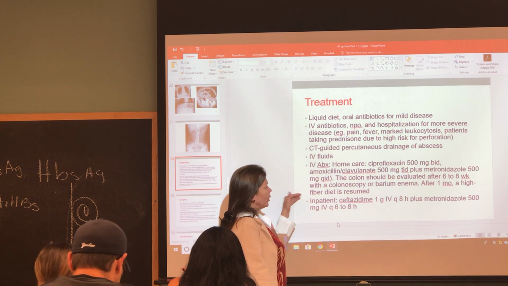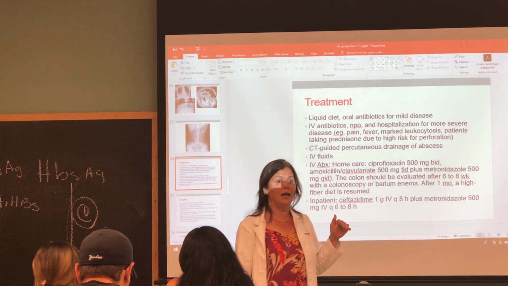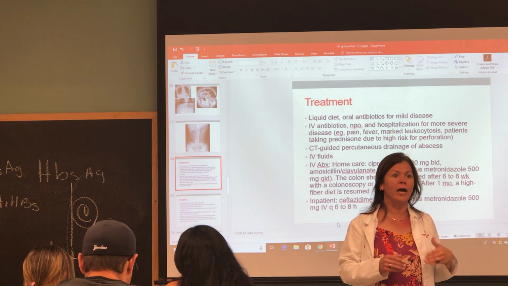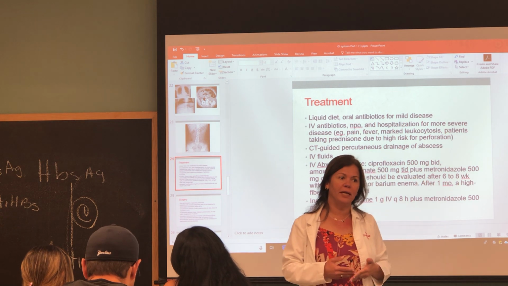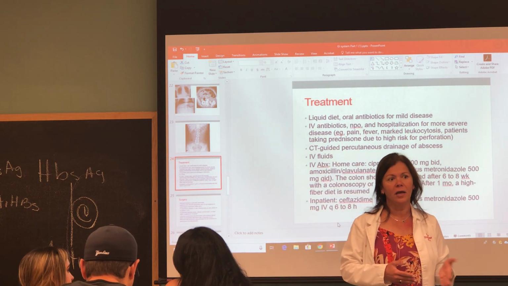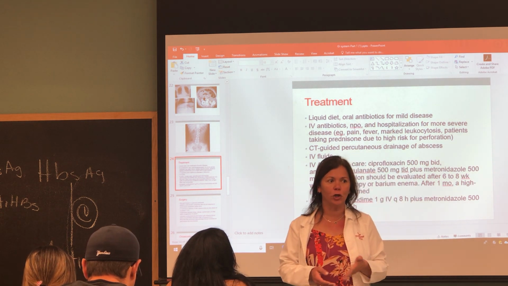So, for inpatient, if you are going to select a penicillin type of antibiotic, okay, try always to choose combination penicillin, for example, Zosyn will be one, okay? And if you're choosing a cephalosporin, try to choose from second generation up.